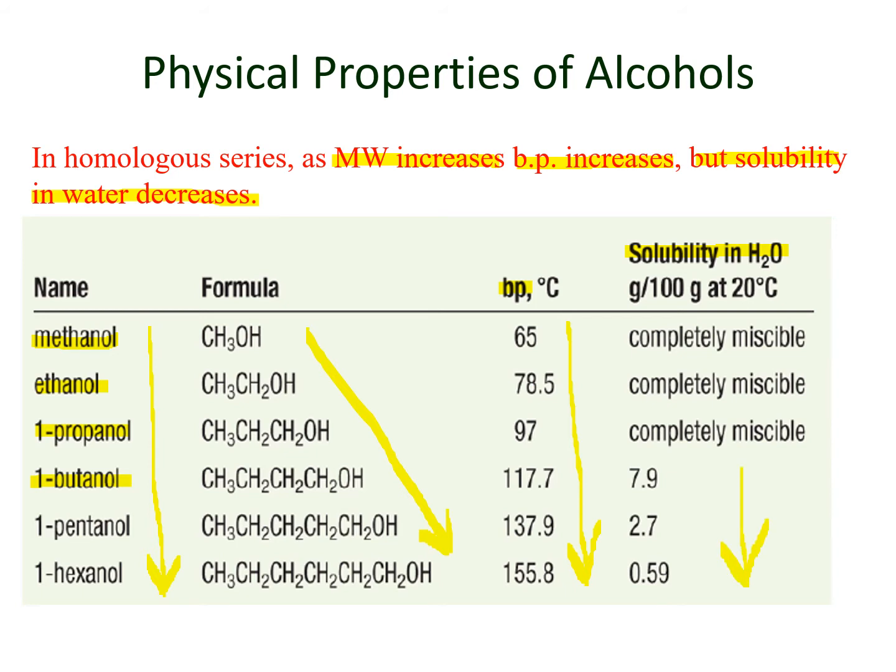The top three, which are small, are completely miscible, or completely soluble in water, and the remaining, bigger ones keep on decreasing in solubility in water. So we can see these two properties clearly in this table.